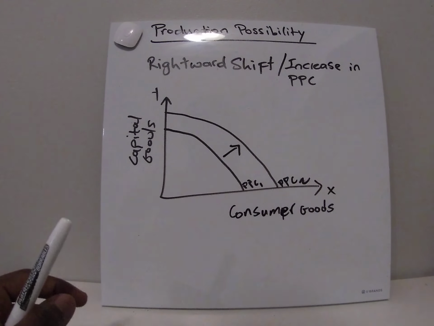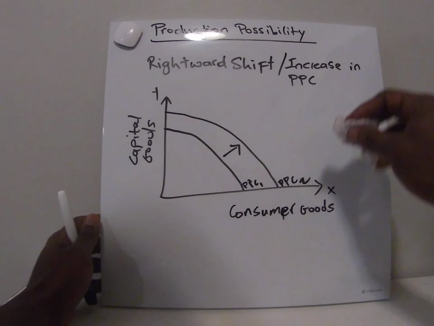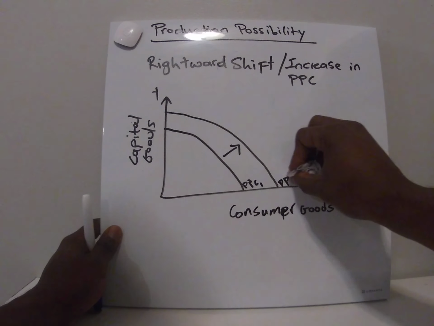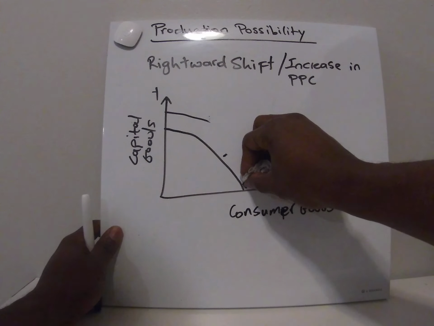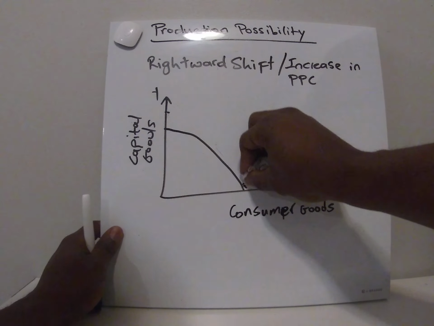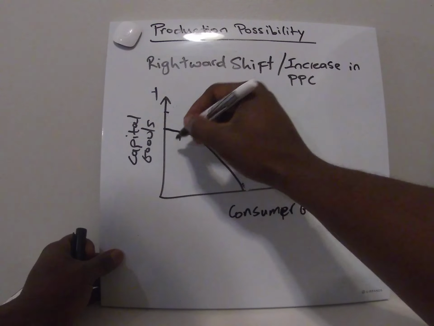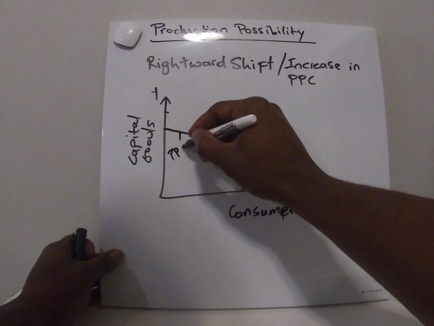Now we're going to look at what can cause the PPC to also pivot. Let me erase this. We're going to use the same goods, capital goods and consumer goods. This is our PPC.